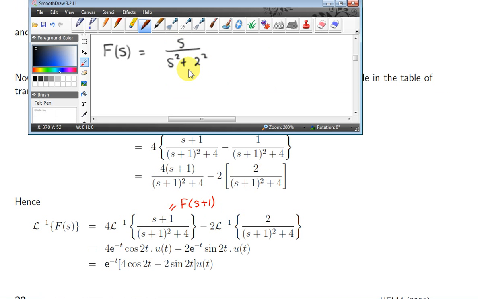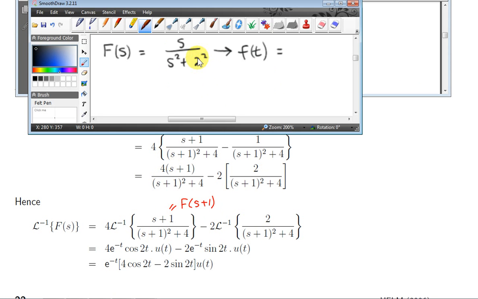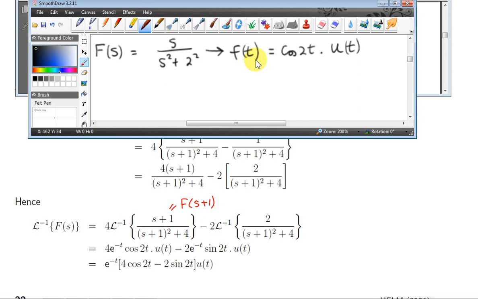That means that F of s plus 1 is what we have here. We replace s with s plus 1. From the table, we know that the inverse transform of s over s squared plus a squared is cos of at, where a in this case is 2. So little f of t is cos of 2t times u of t.